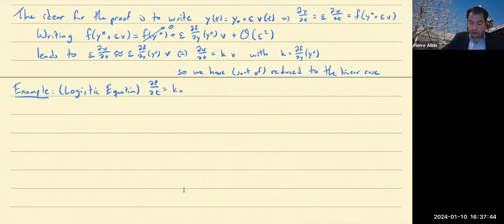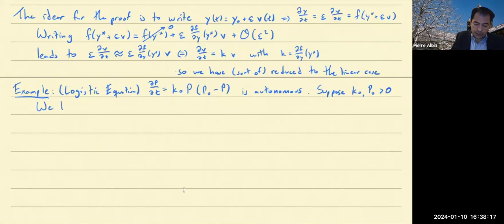So we have two parameters, k naught, just like a rate of growth, and p naught, which is the carrying capacity. But you notice that t does not enter explicitly, so this is an autonomous equation. Let's suppose, as usual, that k naught and p naught are positive.